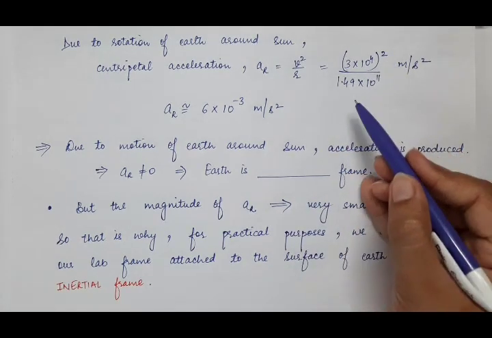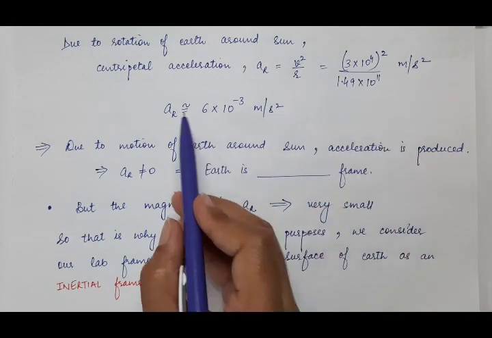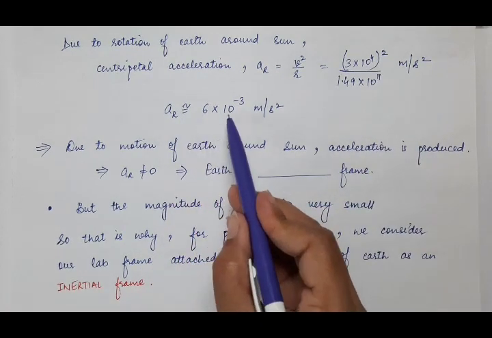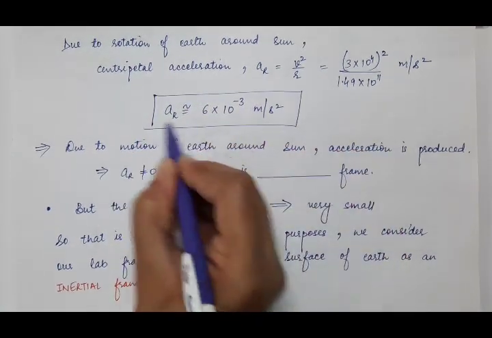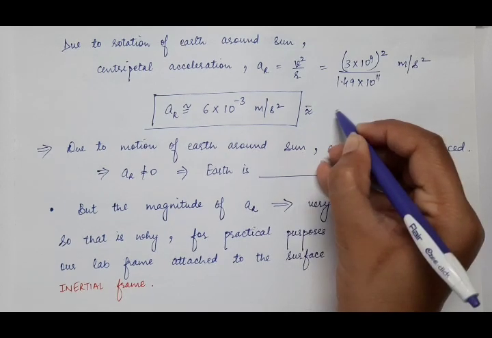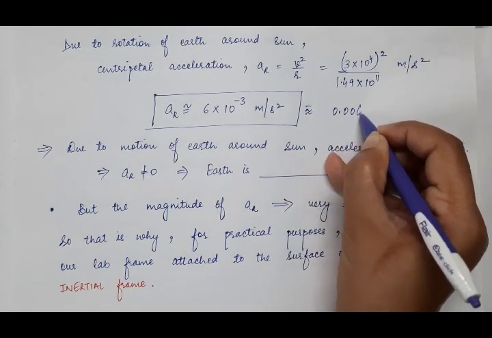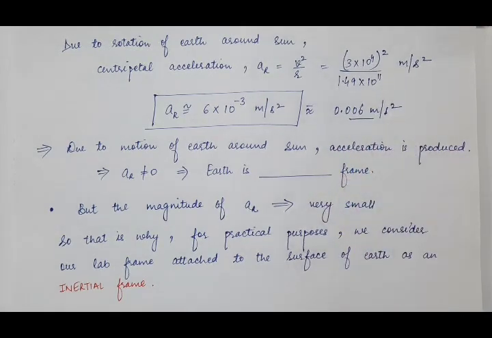So after solving this, the centripetal acceleration will come out to be approximately equal to 6 into 10 raised to power minus 3. So as you can see, it is 6 into 10 raised to power minus 3, or you can say that it is 0.006 meter per second square, which is very small.